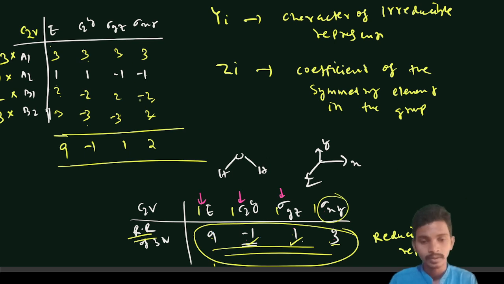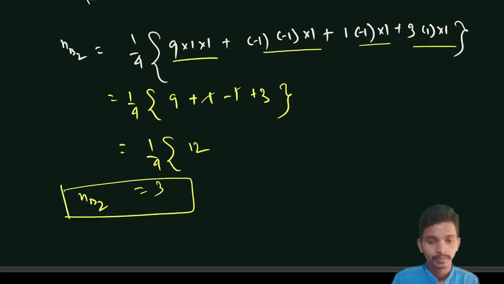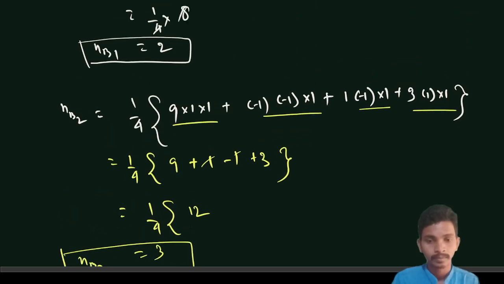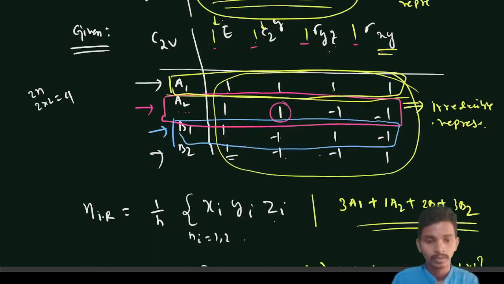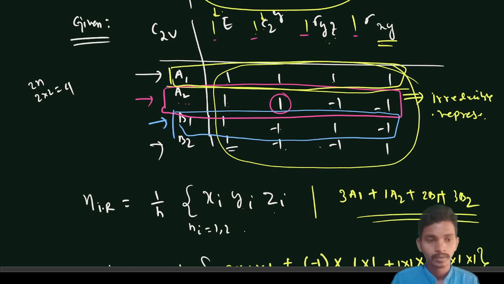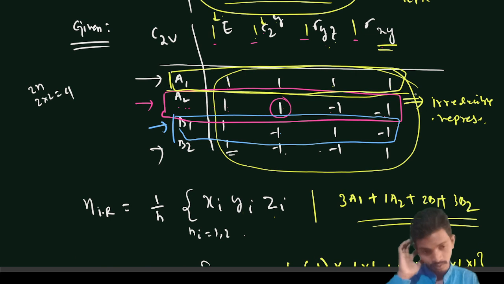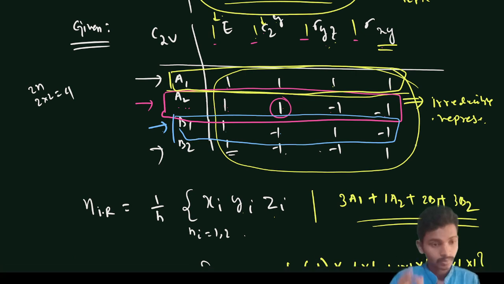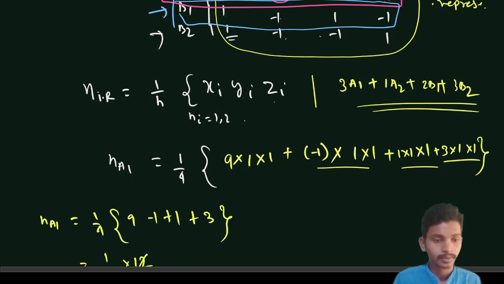Because this is 2 -2 cancel 2, but I should get 3. So something is wrong with sigma xy. So we look for sigma xy, what value we put there. Something is wrong there, so we will look for that.